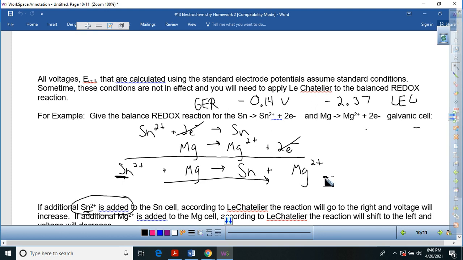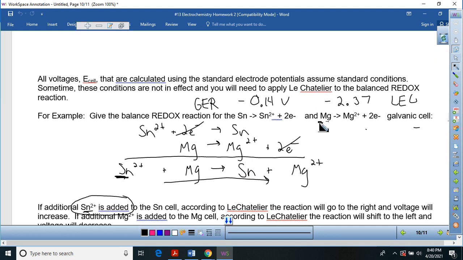Now, if I were to add magnesium, the opposite would happen. It would go to the left, and that would decrease voltage. So as long as you can push that reaction to the right, then you increase your voltage. If you push it to the left, it decreases the voltage. Okay, so you should be able to do 8, 9, 10, and 11 from here.